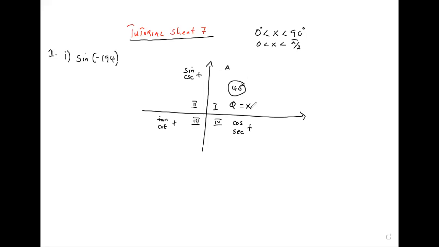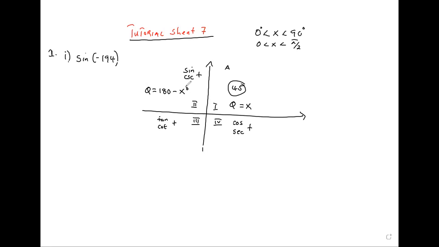Now, if x is the angle whose reference angle theta we're looking for, and x falls in the first quadrant, the reference angle theta will be the same x. But if x falls in the second quadrant, you will say 180 minus x.